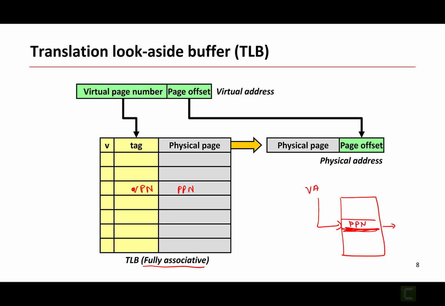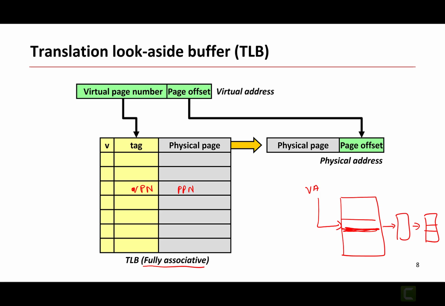Now, you may be thinking about what happens in the case of a multi-level page table. Do I cache intermediate state of first level, second level, third level page table? Well, actually, the answer is much simpler. You don't cache the intermediate page table entries, but you just store the final translation.